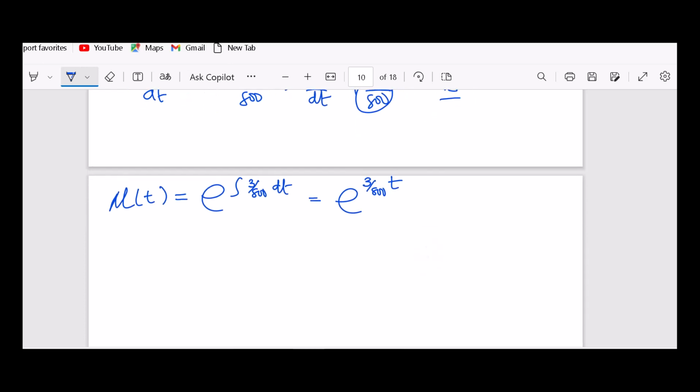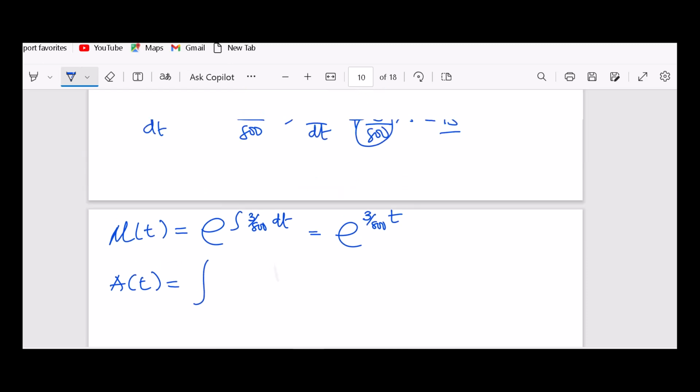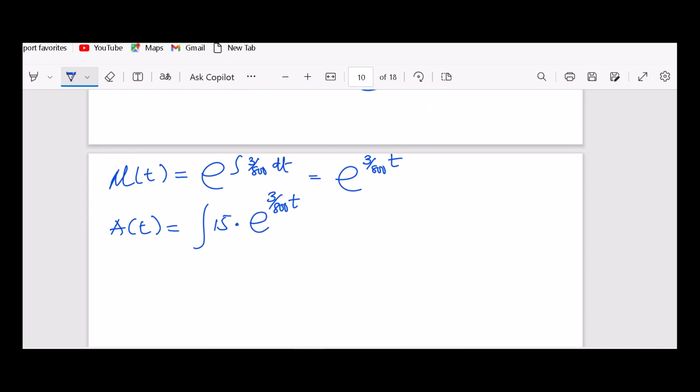So we then write the amount of substance for the first part. We have A of t equals the integral of Q of t. What is Q of t? 15. So 15 times the integrating factor, e power 3 over 800 t, plus C, all over the integrating factor, e power 3 over 800 t.